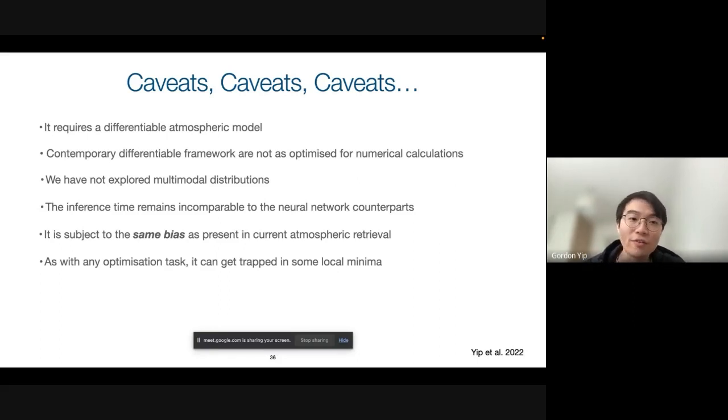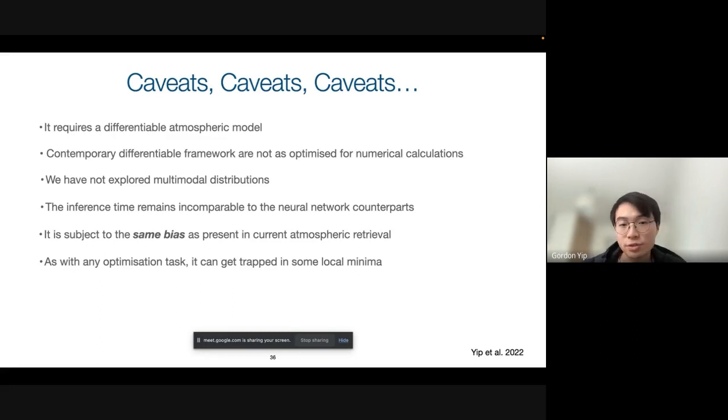Now you have to rewrite the whole thing. We have not explored multi-modal distributions. Basically, if you have a distribution with two peaks, will that work? We don't know. As I mentioned before, the inference time with our VI approach remains incomparable to neural networks, where you can apply it to a lot of planets in a fraction of a second.